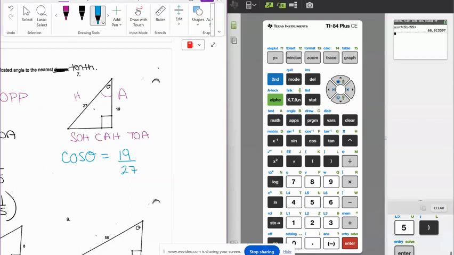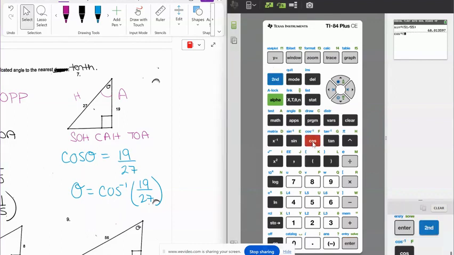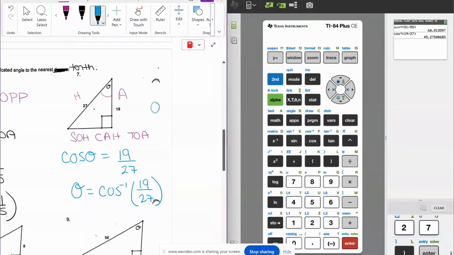Because we're solving for an angle, I'm going to do the inverse. So we have cos to the negative first power of 19/27. In your calculator, you should have pressed second cos, 19 divided by 27, enter. And if we're rounding to the nearest tenth, we get theta is approximately 45 point... Nope, not 2. 3, we round up, right? 7 is bigger than 5.